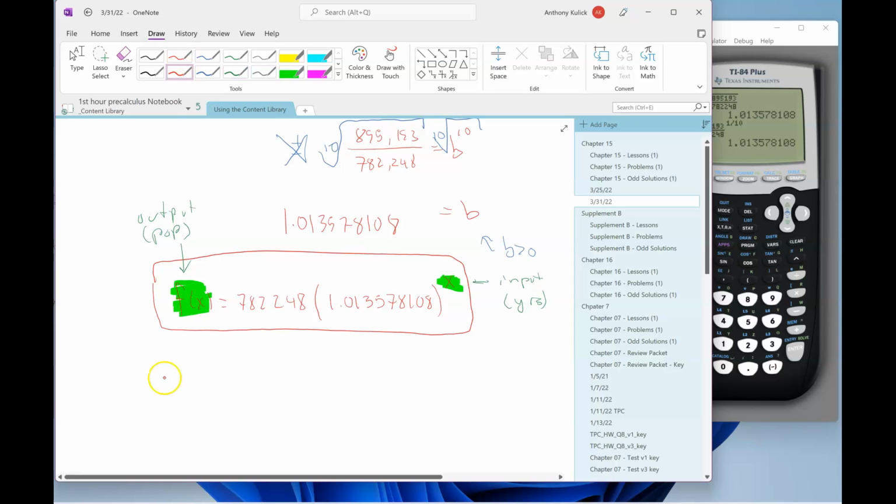So if we want to know in what year will the population reach 1 million, we are putting 1 million in for f of x. And we're going to solve for x. Is everybody okay with that idea?